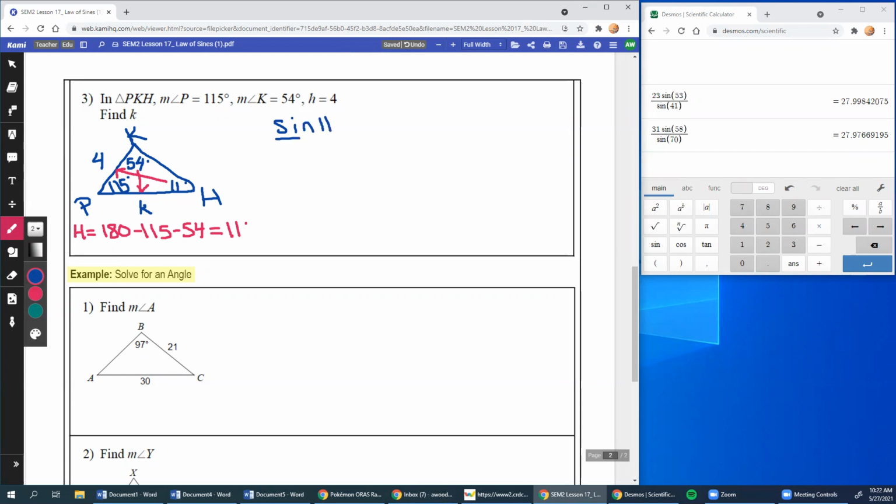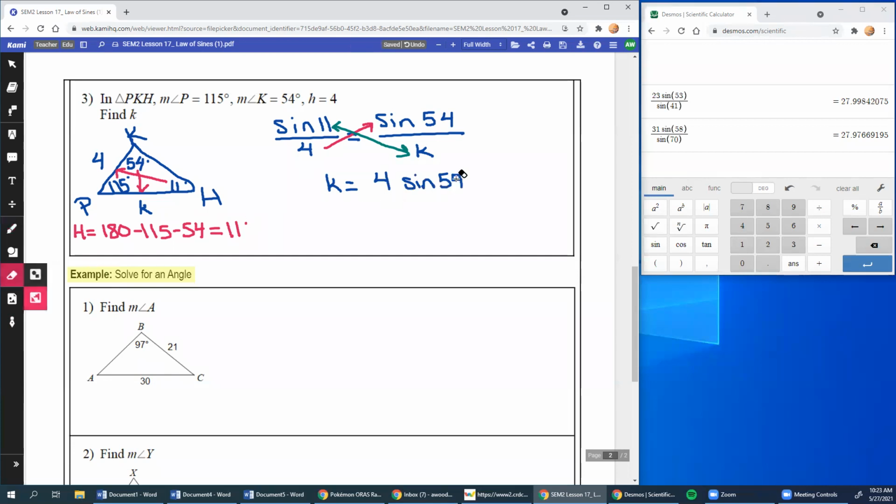So sine 11 over 4 is equal to sine 54 over K. 4, we're just going to move up to the top. And then sine 11 and K, we are going to flip-flop. So K is now by itself. So 4 sine 54, all over sine 11.